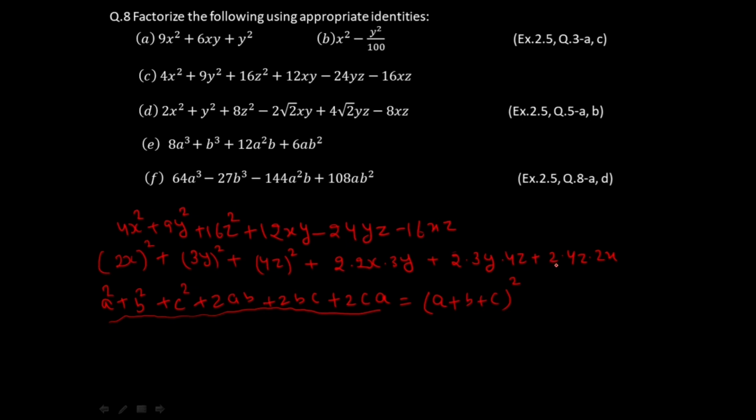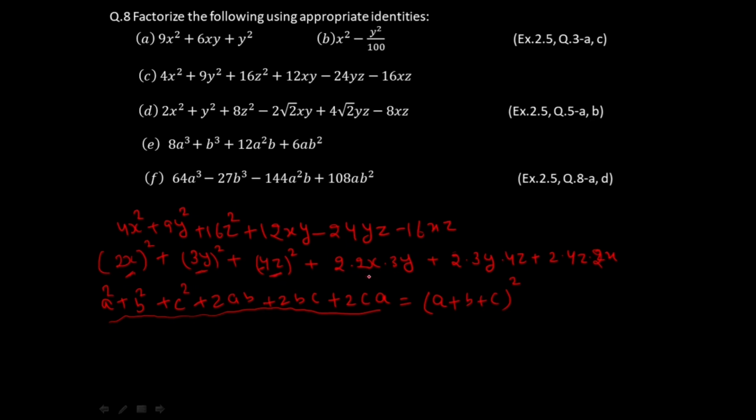Same problem is there, I guess. 2 times 4 times 2, this is 16zx, that is negative zx. So if I write 16z square as (negative 4z) whole square, see, (negative 4z) whole square is what? 16z square. So this becomes positive. Now this is a, this is b, this whole thing is c.